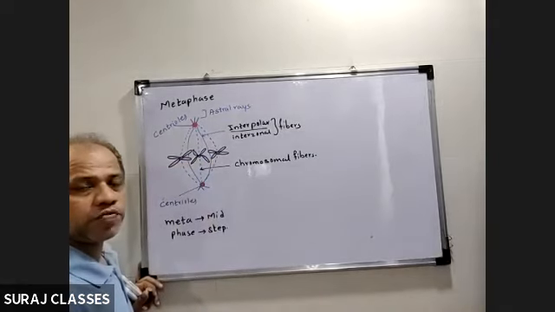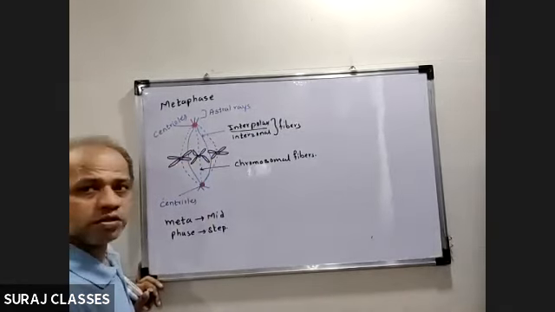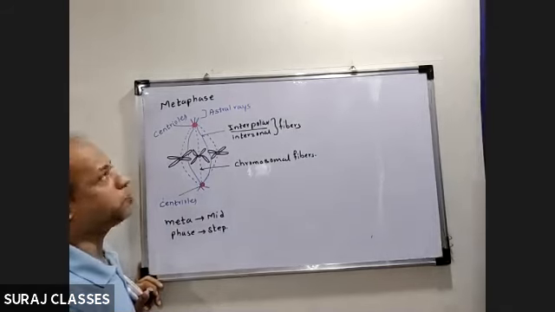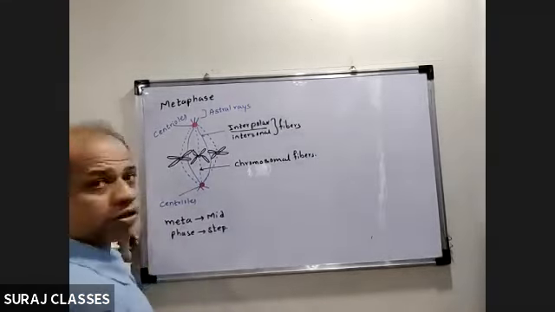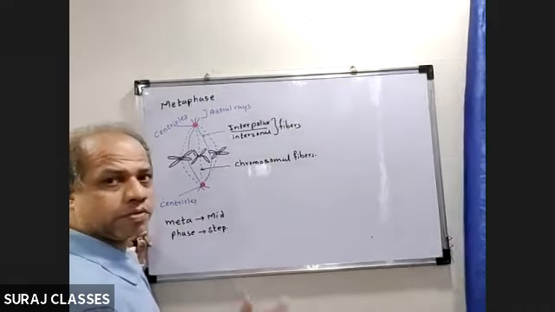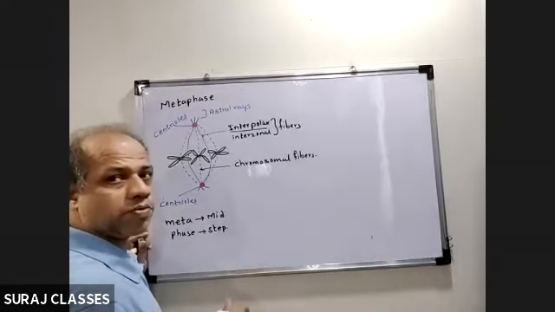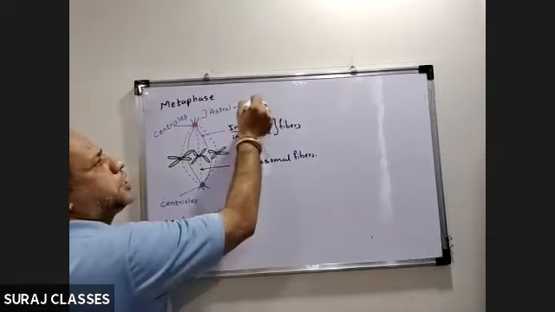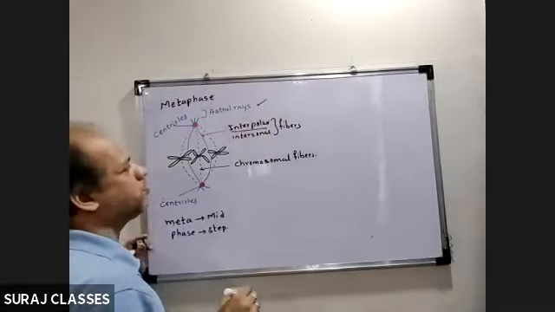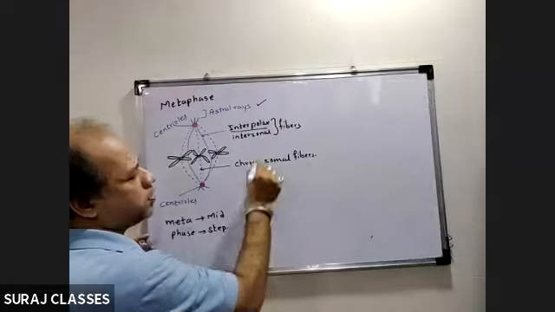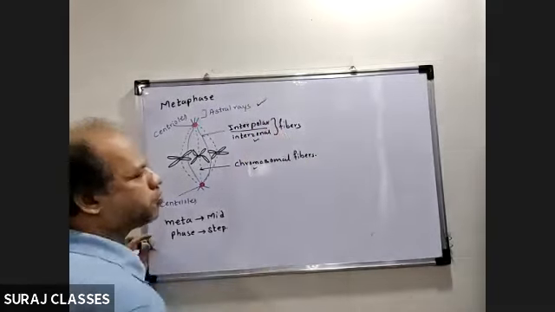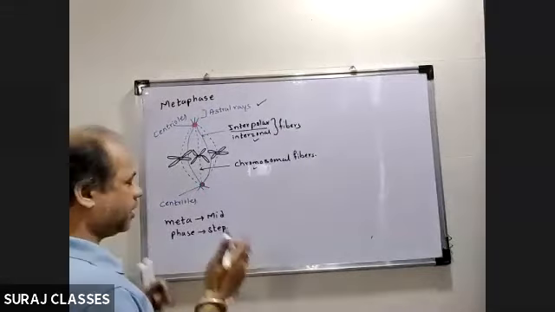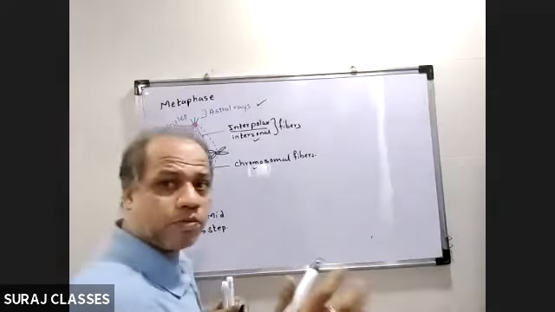The formation of spindle protein has proceeded to a large extent, but is not 100% completed, because one more spindle protein is to be formed. The astral rays are formed by one spindle protein, the chromosomal fibers by another, and the interzonal or interpolar fibers by another protein.